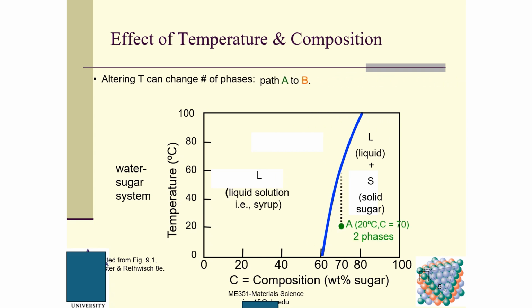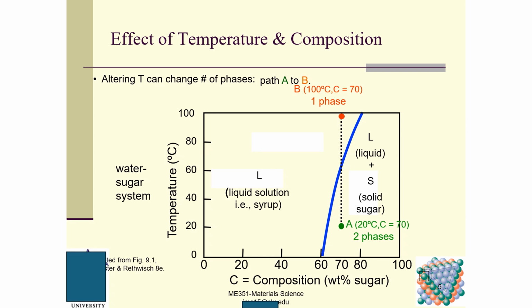For example, going from A to B, the concentration or composition of sugar is the same, and from A to B the temperature changes from 20 to 100 degrees. At point A, we have two phases, L plus S. However, if we increase the temperature to around 60 degrees C, all of the solid sugar dissolves in the water, and then we have a single liquid solution. This is the L here.